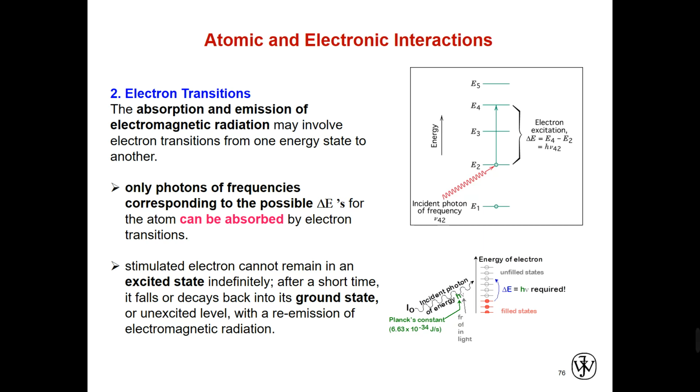And then a stimulated or excited electron cannot remain in an excited state indefinitely. After a short time, it falls or decays back into its ground state. Okay, this is the ground state. If excited or stimulated, it will go up. After a short time, it falls or decays back into its ground state or unexcited level with a re-emission of electromagnetic radiation.